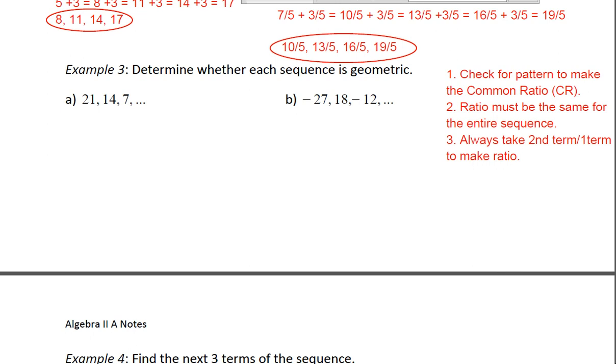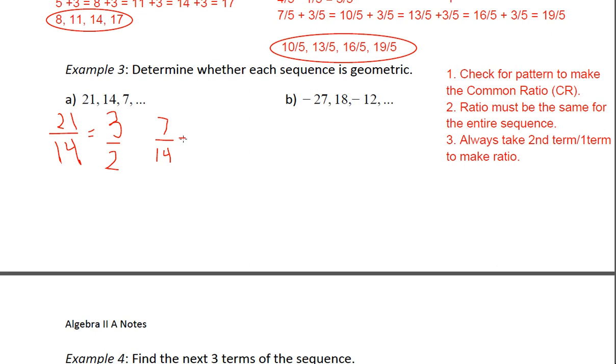So here's what we're going to do. And these are going to have to be handwritten, so excuse me for this. But we're going to take 21 over 14 and decide what that is. They're both divisible by 7, so we get 3 over 2. And thankfully there's only one more. We will take 7 over 14.